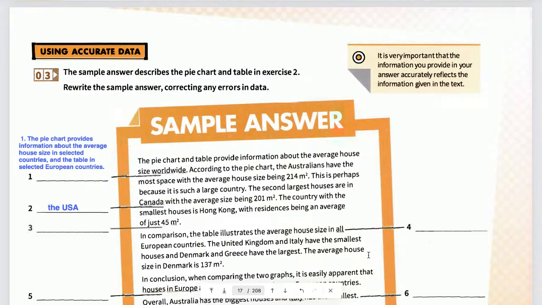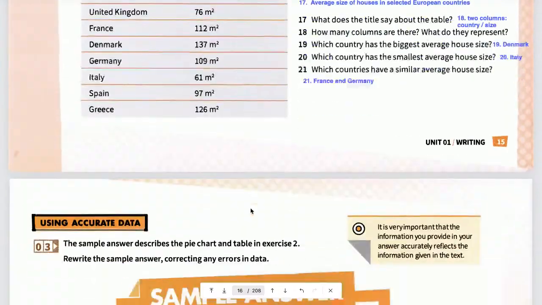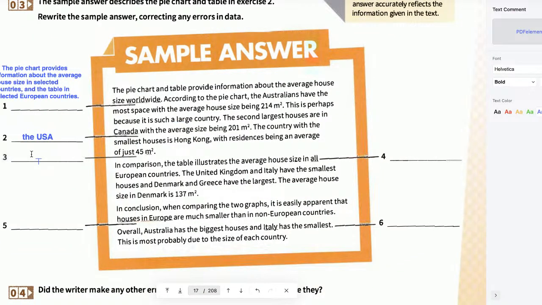Square meters, I think that's correct, right? 45 square meter, that's correct. So they just say being an average of 45 square meter. They mention it very clearly, 45 square meter, not just. You don't need to write just 45 square meter. You just say 45 square meter.